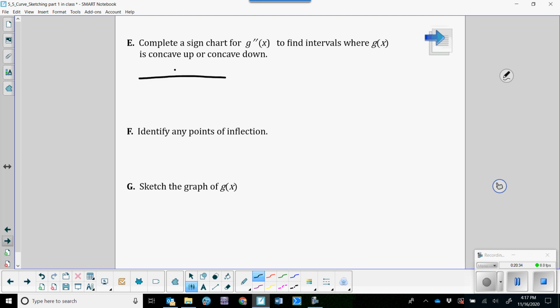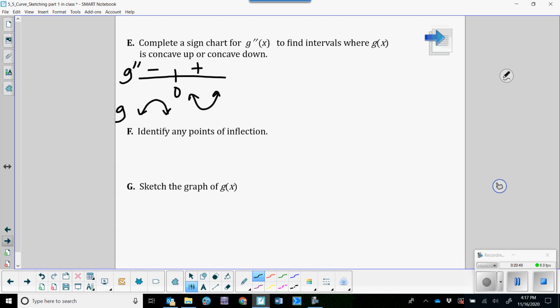That one was really easy. Remember, the function was just 6x. So if I'm less than 0, I'm negative, greater than 0, positive. So here we have concave down for g, concave up. Okay?